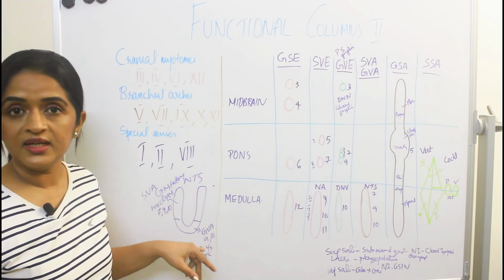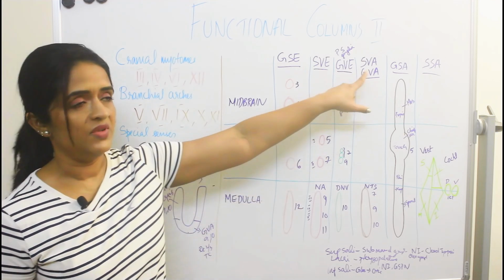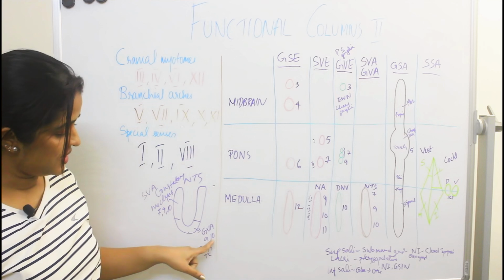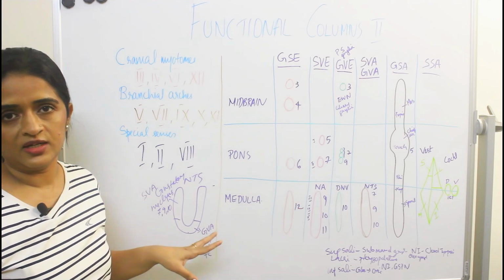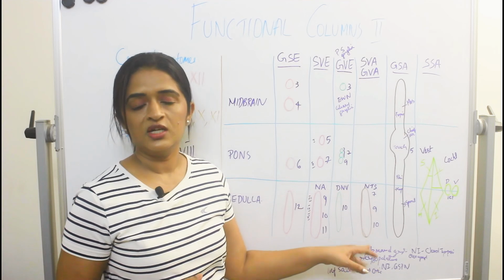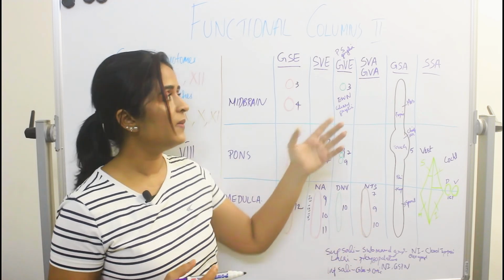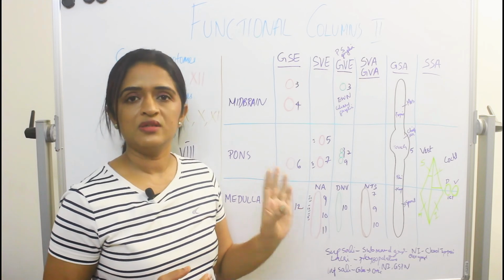The 7th is not coming in this region. Okay. So the caudal portion is the general visceral efferent component, having only 9 and 10 cranial nerve nuclei. So all together, 7, 9 and 10 make up the nucleus of Tractus solitarius. The upper part is special and the lower part is general.